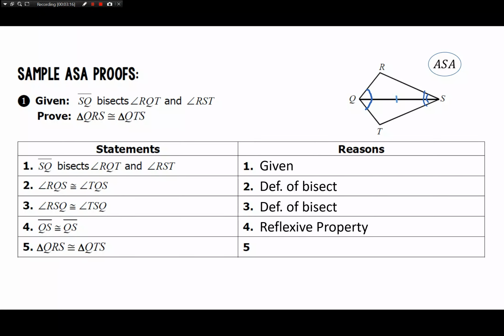Now, statement 2 is an angle, statement 3 is an angle, and statement 4 is the side, satisfying all three parts of our angle side angle theorem. So we can then conclude that triangle QRS is congruent to triangle QTS by angle side angle.